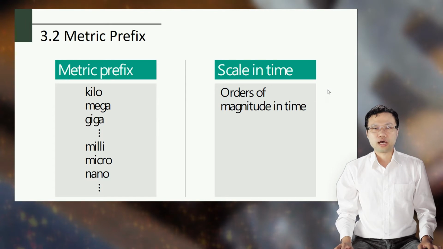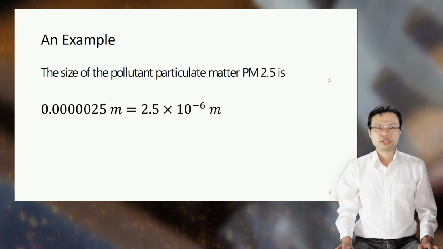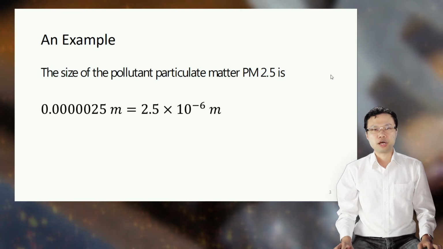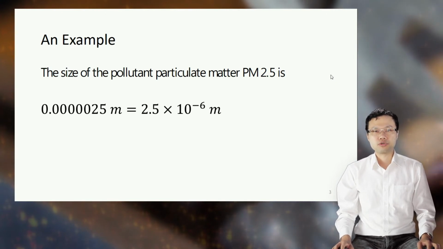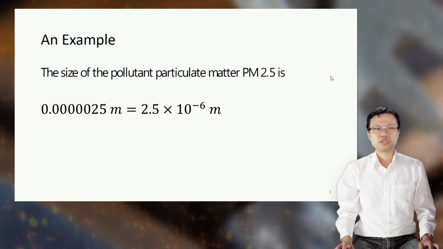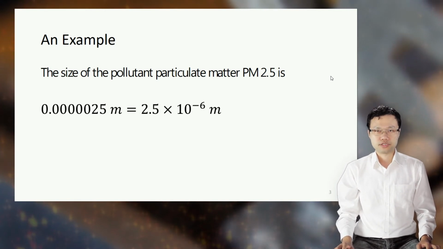To understand how the metric prefix works, we first provide an example. You must have heard of PM2.5. It is a kind of tiny pollutant particle of size 0.000025 meters, which is 2.5 times 10 to the power of minus 6 meters.